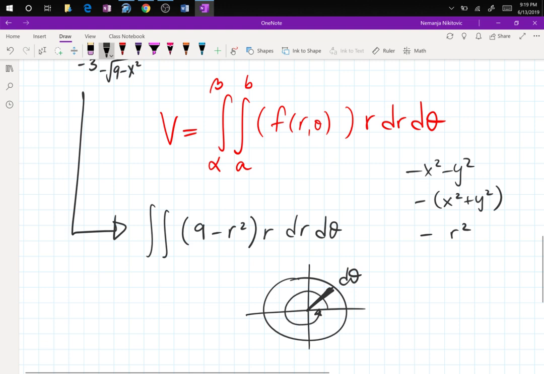You can have half if you want to, but we want the full circle. So theta is going from 0 to 2 pi on the outer edge because of the full circle. And then the length of the pizza slice is going to be from 0 to 3 because that's the most it can stretch out.